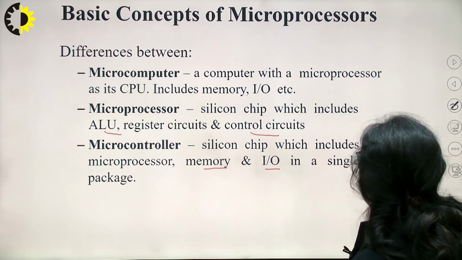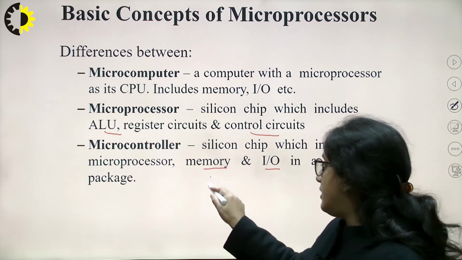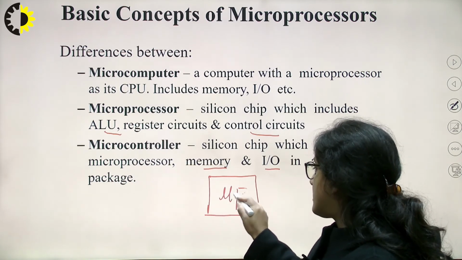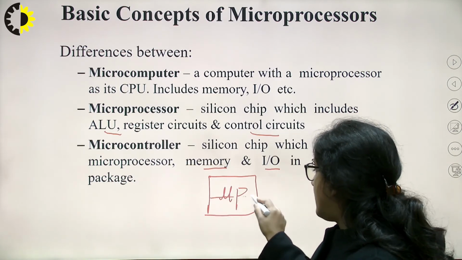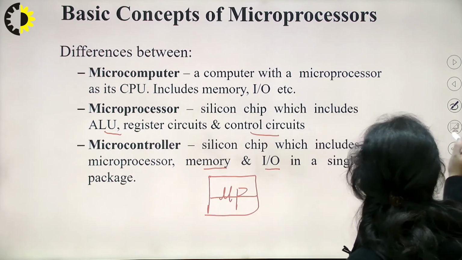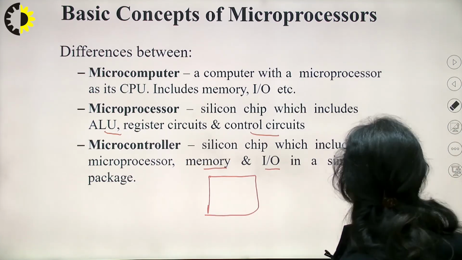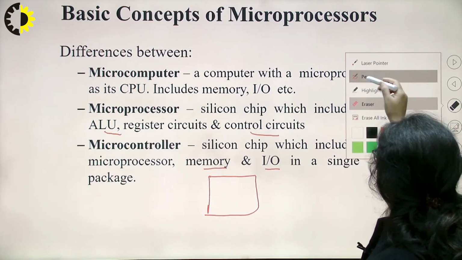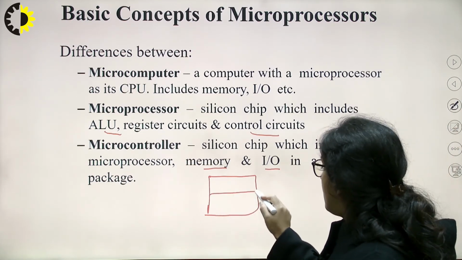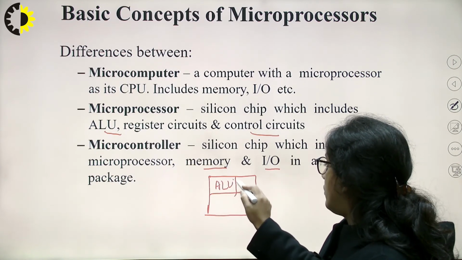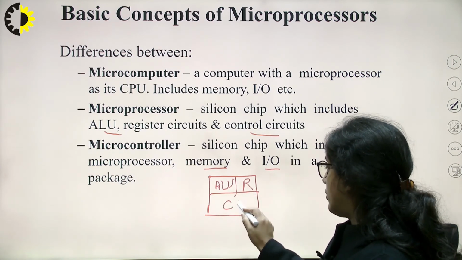So, the difference is, we have a microprocessor, and you can classify this into three terms. This is the microprocessor: it consists of ALU, register array and control unit.